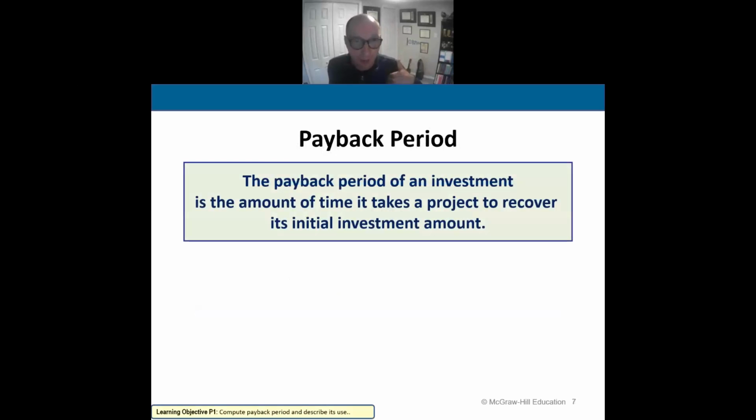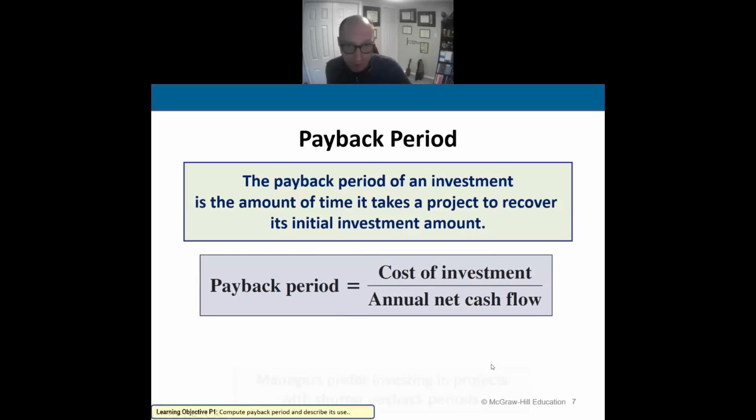Payback period. How long is it going to take for me to recover the initial investment, the acquisition cost? That's what that means. Payback period.